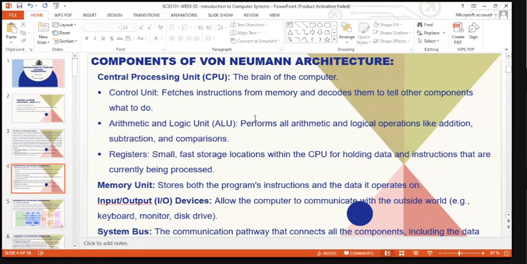Then we have the arithmetic logic unit, which performs all the arithmetic operations. You can add, subtract, and also do comparisons, what we call the logic, using techniques such as logic gates, like the AND, OR, NOT and exclusive OR gates.